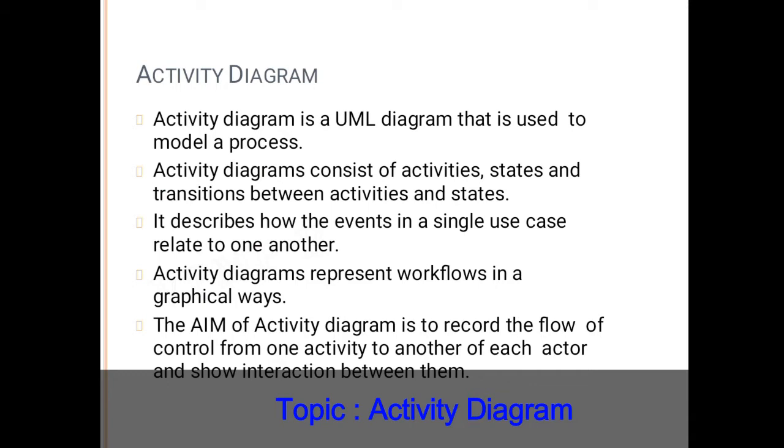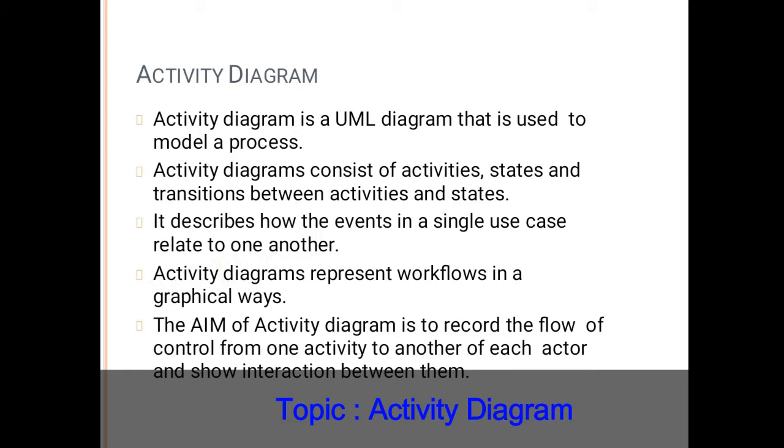Here it describes how the events in a single use case relate to one another. An activity diagram represents workflows in a graphical way. The most important thing about an activity diagram is that it represents workflow.